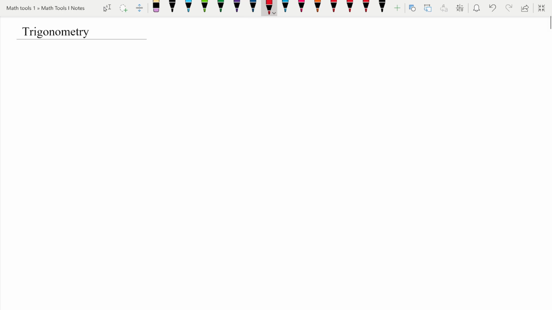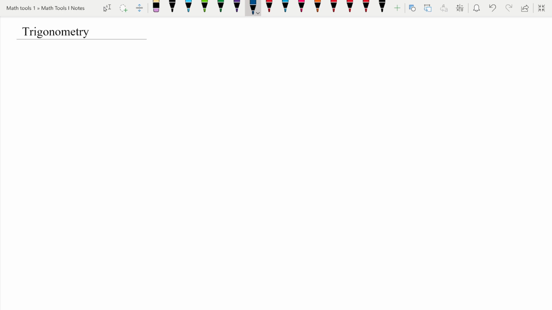So in things like the normal distribution, for example, pi does come up. It's there, but it's in the background. It's not super useful in computation. So we're just going to look at the basics of this trigonometry.